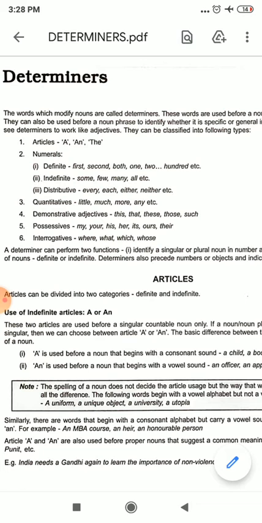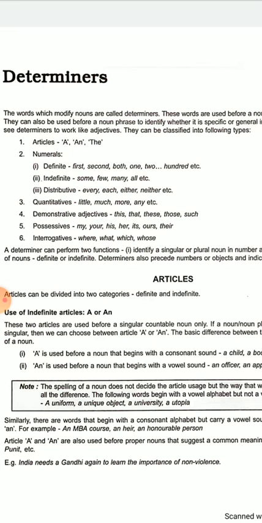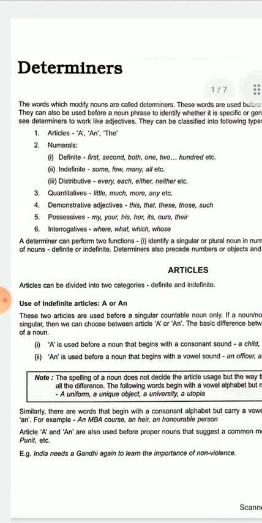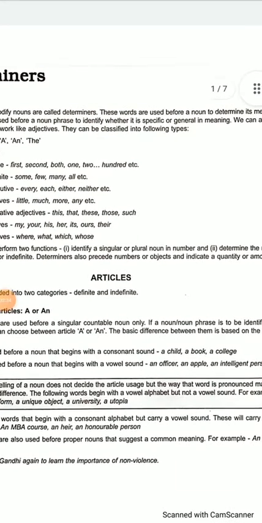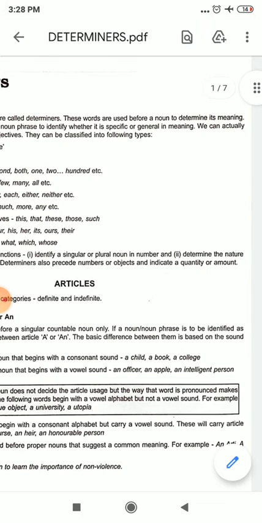Now, dear children, we will get to know about articles. Articles can be divided into two categories: definite and indefinite. The indefinite articles are a or an. These two articles are used before a singular countable noun only.